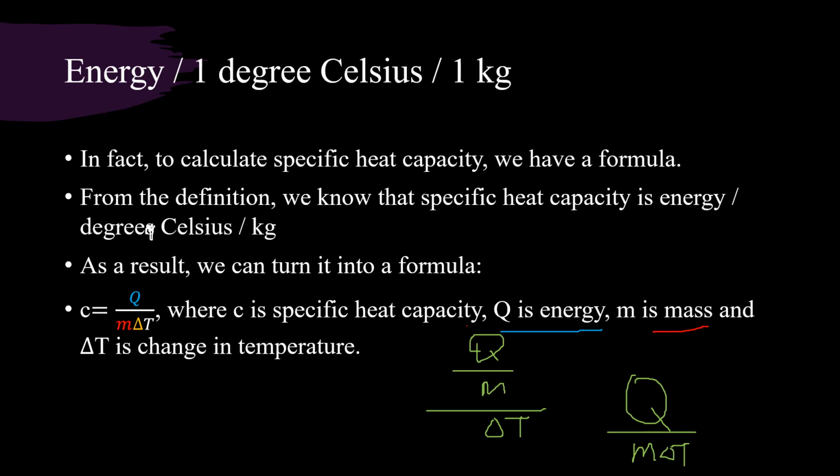And delta T is basically the temperature change we have. For example, if originally it's 20 degrees Celsius and later it is heated to 60 degrees Celsius, then the change in temperature will be 40 degrees Celsius. So this is how we calculate the specific heat capacity: Q is the energy needed, m is the mass in kg, and delta T is in degrees Celsius.